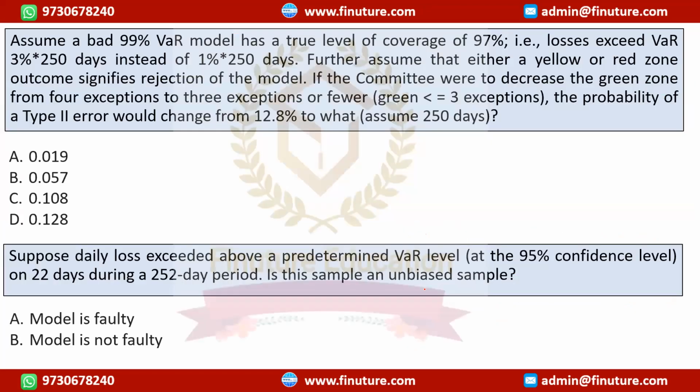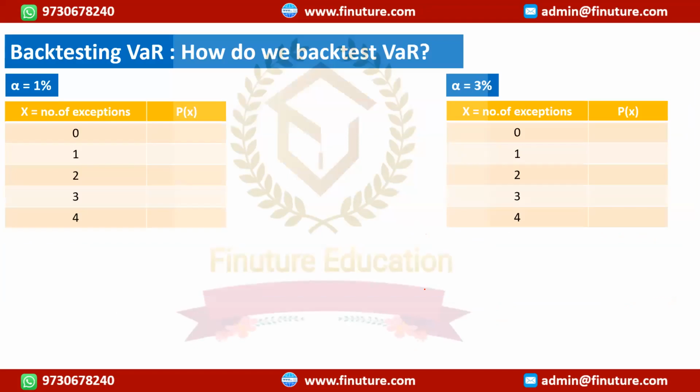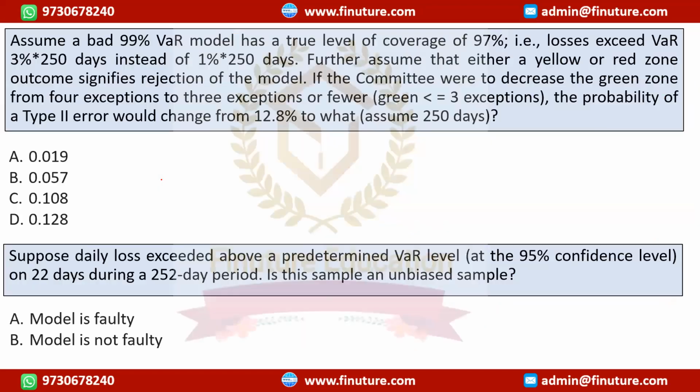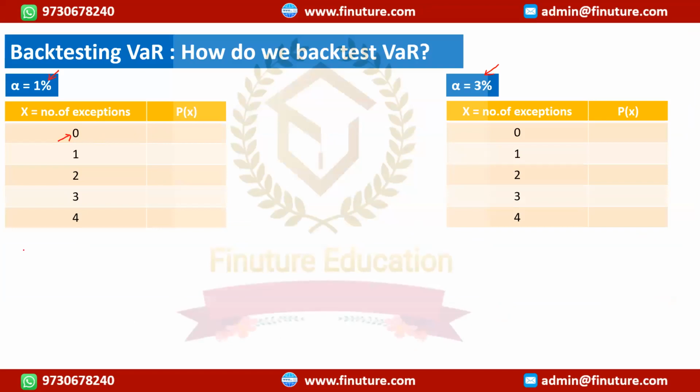So coming back to our question, now that you have got some background of backtesting, let's calculate. In the given question it was 3%, but in your literature both calculations are given. Like how we calculated the probability of getting 60 correct questions, what we are now asked to calculate is the probability of getting 0 exceptions, the probability of getting 1 exception in your value at risk model, 2 exceptions, likewise 3, all the way to 4.